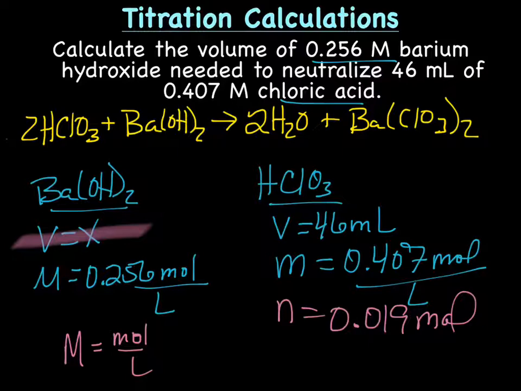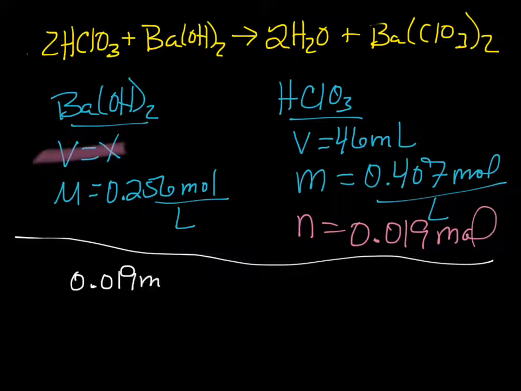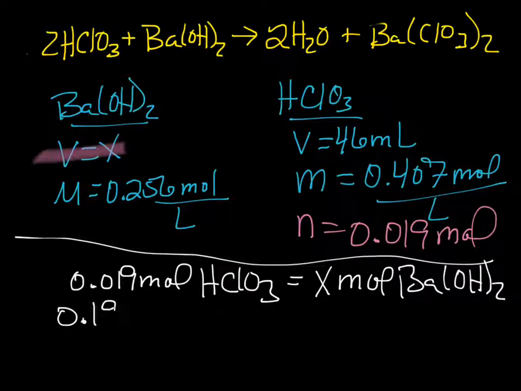So let's try that. All right, so we know we have 0.019 mole of HClO3, and we want to know how many moles of barium hydroxide that'll give us. So we'll set up our grid.